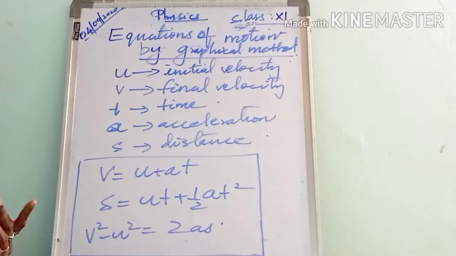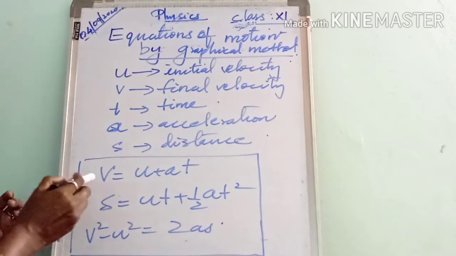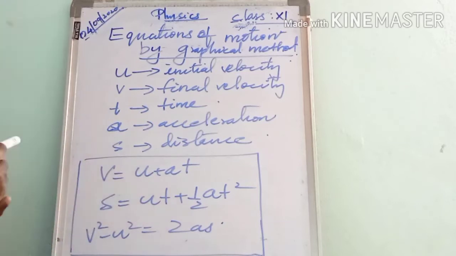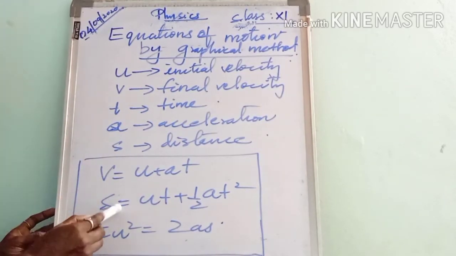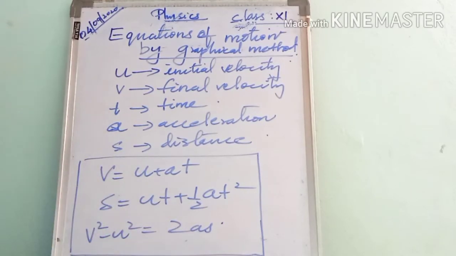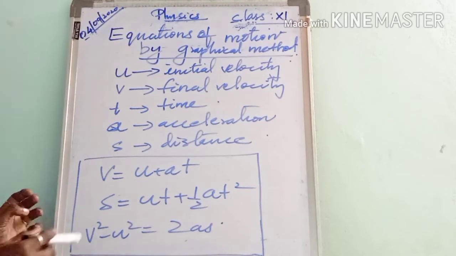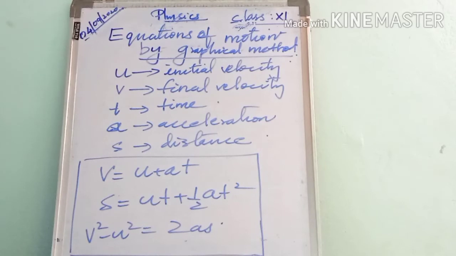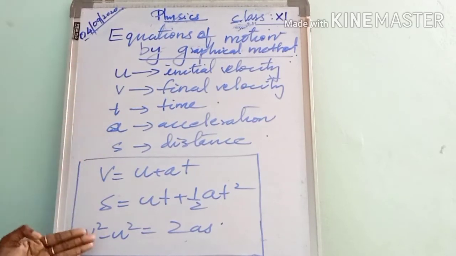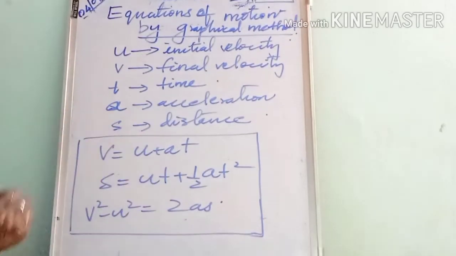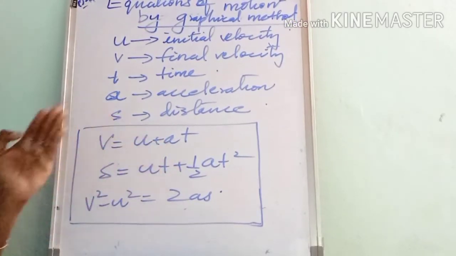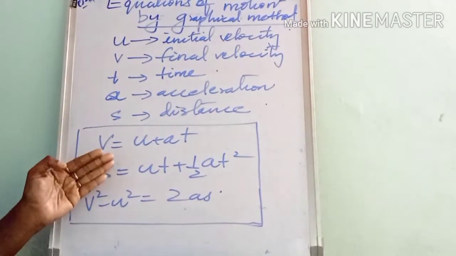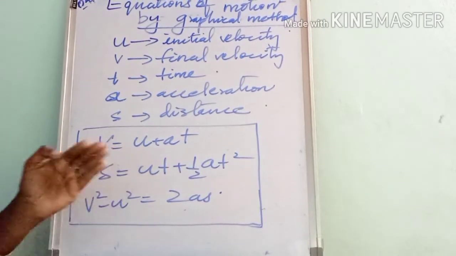The first is the velocity time relation, v equal to u plus at. The second is the position time relation, s equal to ut plus half at square. The third is the position velocity relation, v square minus u square equal to 2as. These are the three equations of motion.